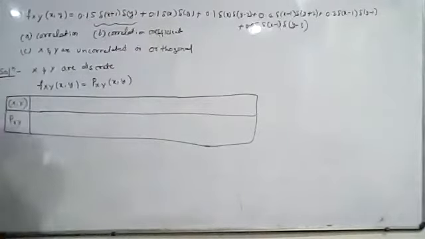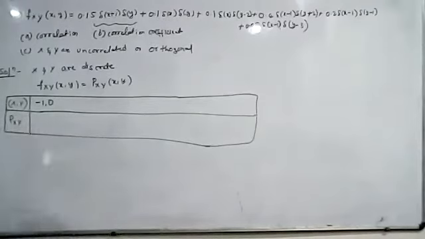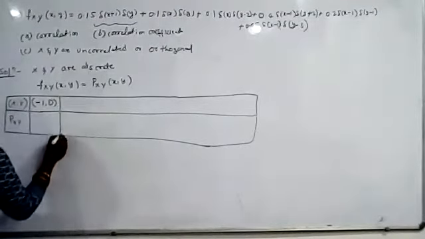So δ(x+1), δ(y). What are the values? The x value is -1, the y value is 0.